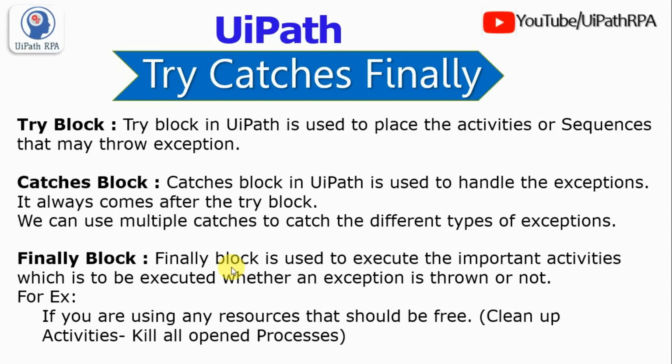This is the same as, for example, you are going to use the fridge, and from the fridge you take a water bottle and drink water, and afterwards you cannot keep the fridge door open, right? You have to close that door of the fridge. So this is also the same as the finally block. It means at last you have to close all the resources which you have used or are using, right?